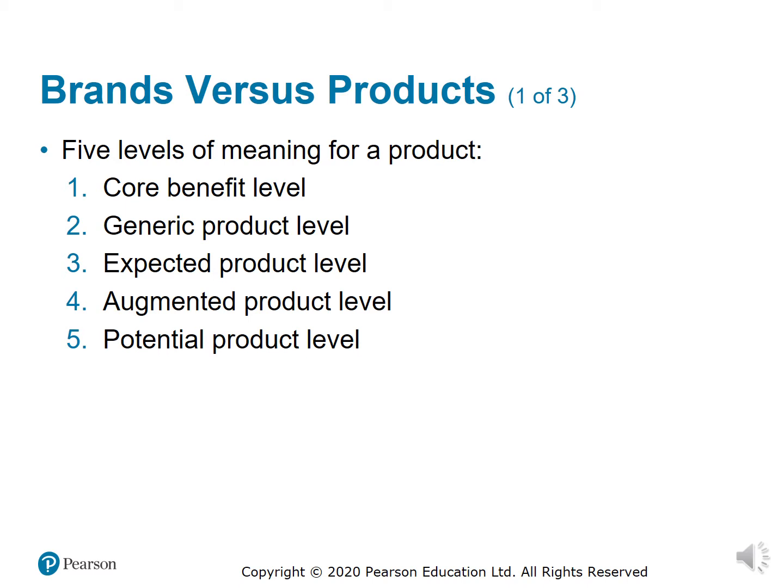When we think of pure water, it should be clean, good for health. Water is transparent, or like that. That kind of characteristic or attribute is the generic product level.